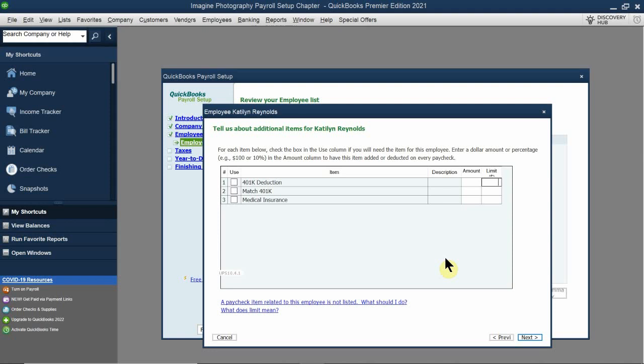For the 401k match, that's the company. So for the deduction, the amount right now is going to be $0, and the limit is $16,500. That's the cap maximum.